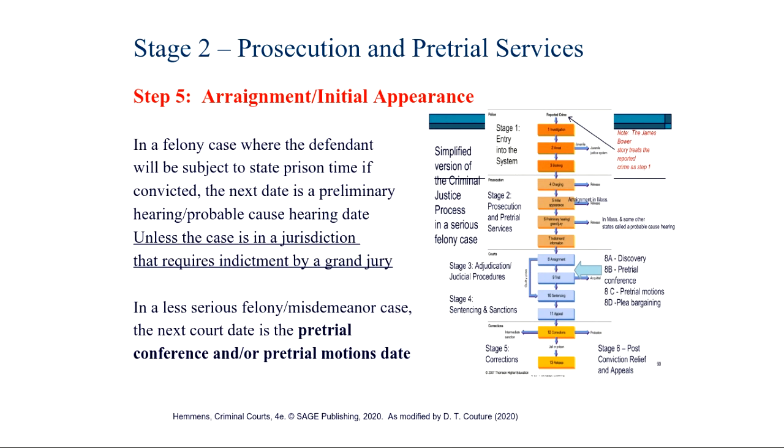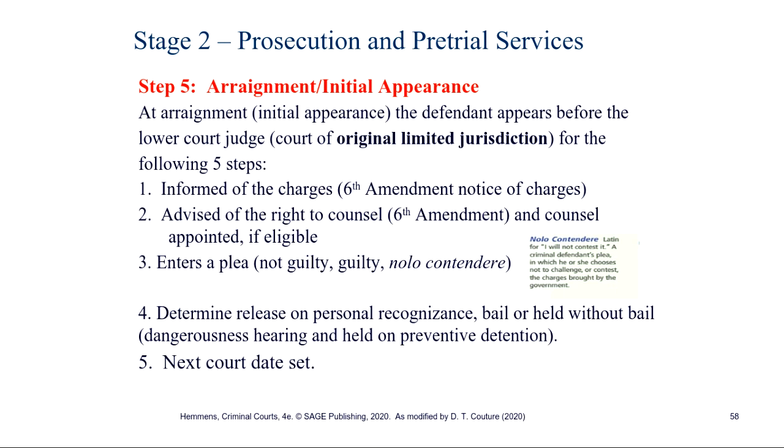Then, because it's a serious felony, his case is brought before a grand jury. The grand jury indicts him, and then he's arraigned a second time. The second time it's in a court of original general jurisdiction. The first arraignment is in a court of original limited jurisdiction. So that's why states other than Massachusetts differentiate and use preliminary hearing or initial appearance rather than arraignment.